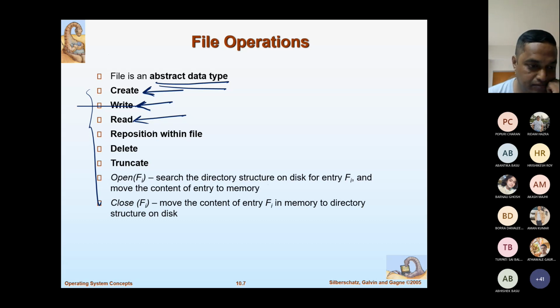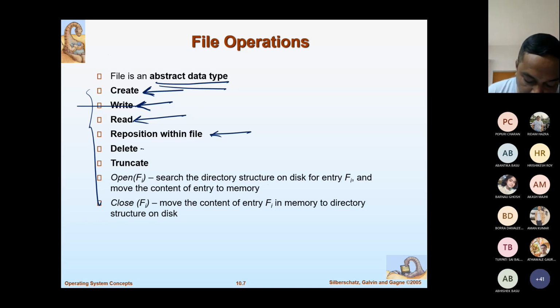So reading from the file. Reposition within the file: you are in a particular position, you want to change the location of your read write head.